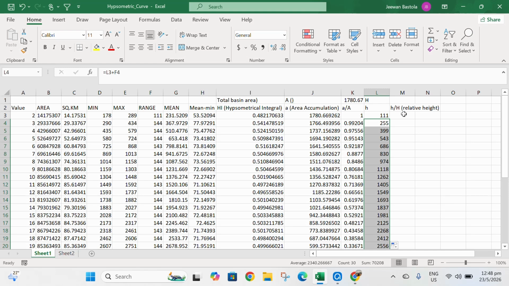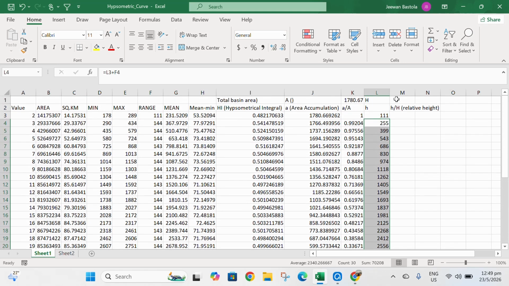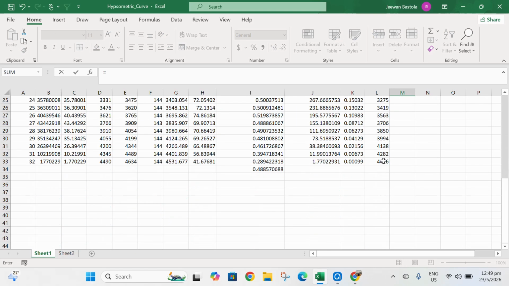Then you have to calculate the relative height. So capital H is the total of small h.